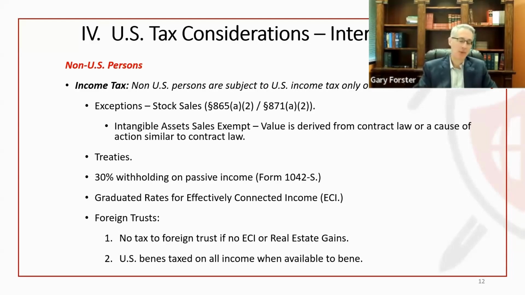We recently had someone come in who bought Apple stock on the uptick in 2008, 9, and 10. I think they spent 800,000 and they had like $32 million, some outrageous capital gain. They're not taxed on the capital gain.